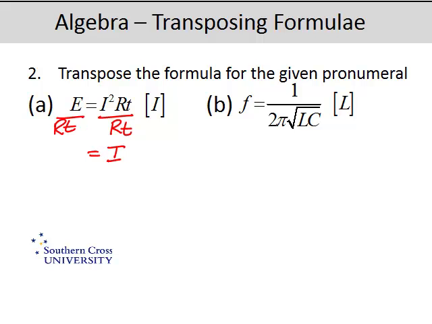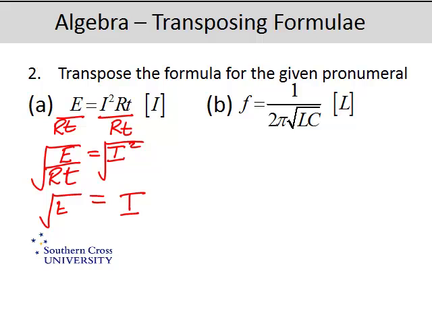So that means that I squared is equal to E over RT. And then you think, how can I get I squared to I? And you take the square root. What you do to one side, you do to the other. So the opposite of squaring is taking the square root. So if you take the square root of both sides, you end up with I is equal to the square root of E over RT.